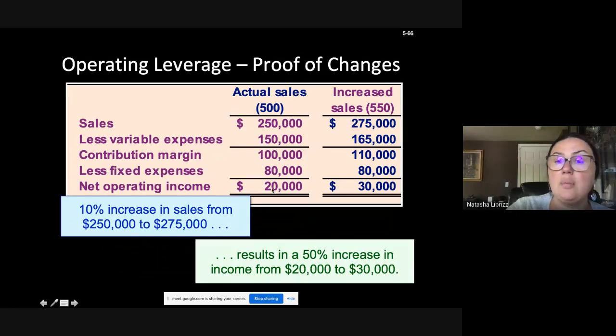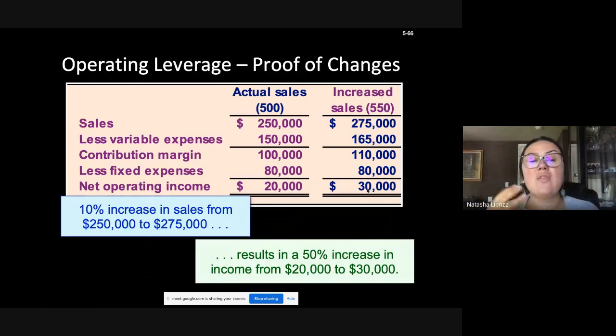So it went from 20,000 and increased by 10,000, which is 50%. And that gives you another way of calculating your net income or understanding what impact the economy can have. And you guys can run through the numbers.